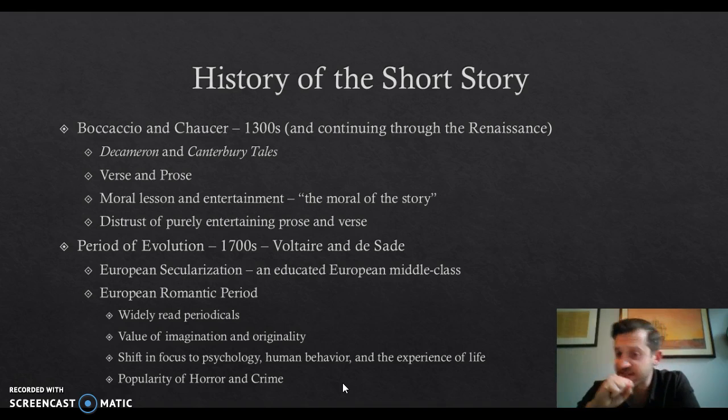period of evolution in the 1700s. It was at this point that horror and crime, the first beginnings of genre fiction, became popular. And it was also at this point when people began to have easy access to literature on paper.